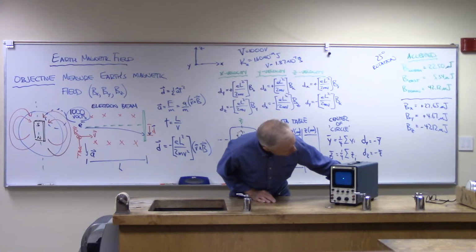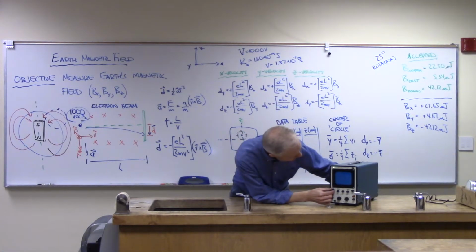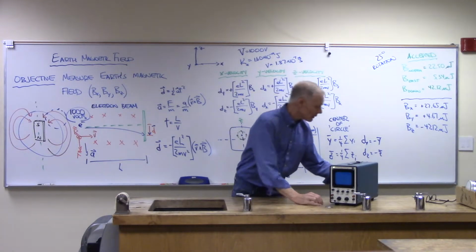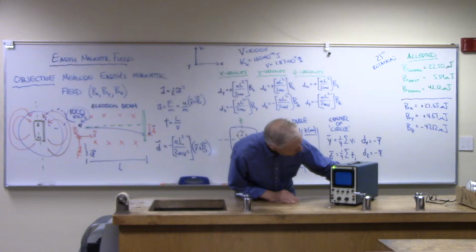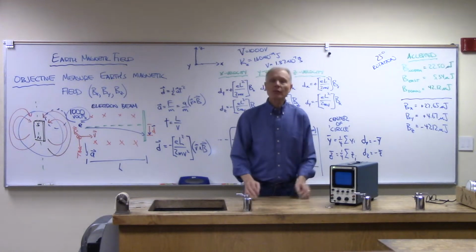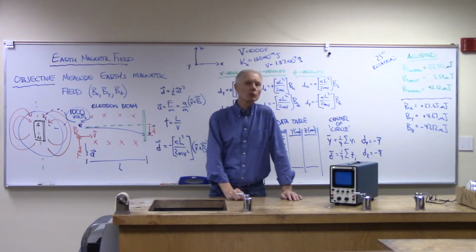So I've turned it down. Now, you guys probably can't see it now, but I've turned it down and I've focused it. There's also a focus on the back. So I'm turning it down and I'm focusing it. Here it is. Because what we want for our measurements is one tiny point that we can follow.